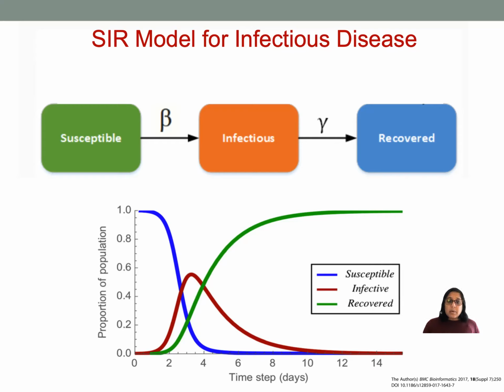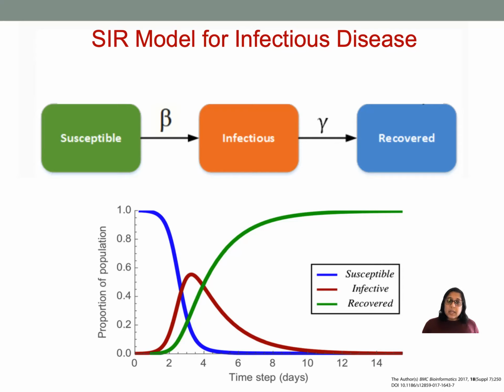Now, over time, in red here, people start getting infected. And as people start getting infected, the number of people who could get infected goes down because some of them have already gotten infected, and the number of people who have recovered goes up. So that by the end, in an ideal model, you have everybody recovered, nobody infected, and nobody who could get infected.